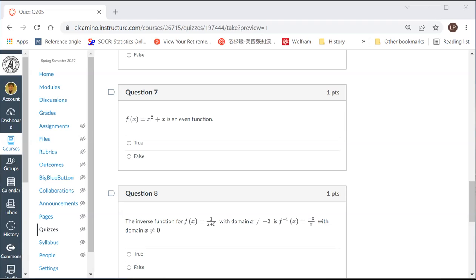Are these two the same? They're not. They both have x squared, but one has a plus x, the other subtracts x. Therefore, because f of x is not the same as f of negative x, it is not an even function.